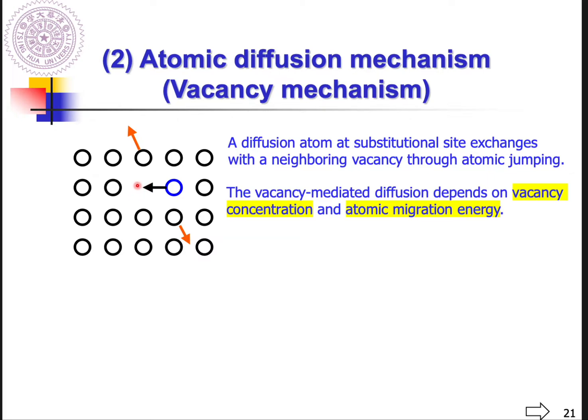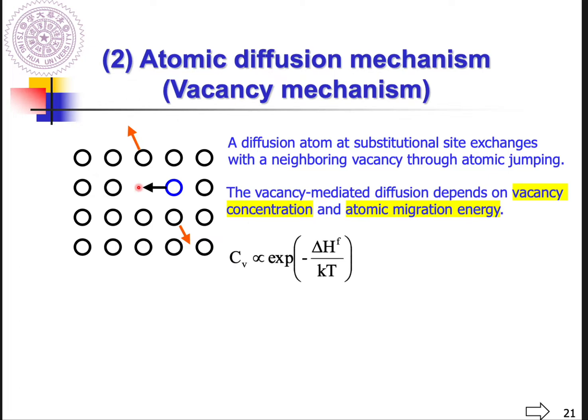So as you know, which parameters will determine the diffusivity of this diffusing atom? It would be the concentration of vacancy and also the migration energy of the atom.